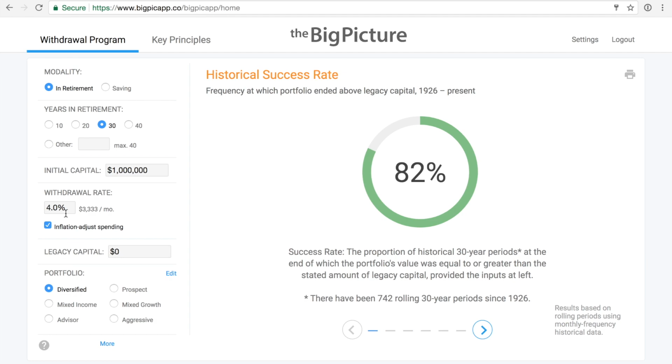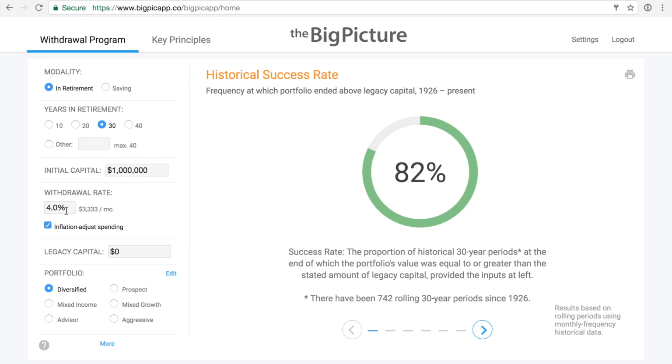It's important to note that the dollar amount that we pull from the portfolio, the withdrawal, is based on 4%, or whatever percent you select for withdrawal rate, of the initial portfolio value. In this case, the initial portfolio value is $1 million.